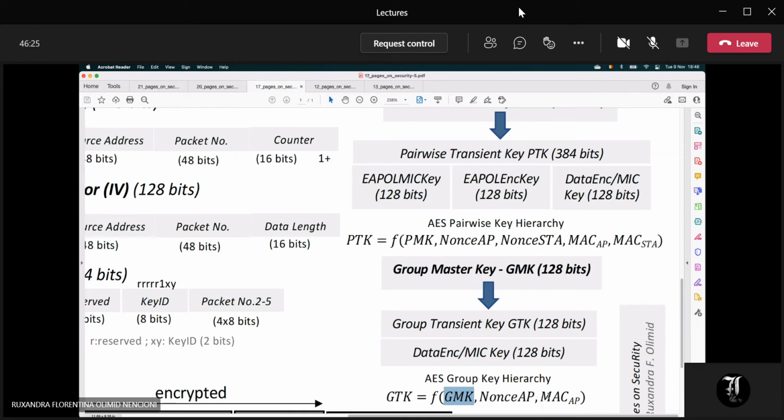In the enterprise solution we have different PMKs, but in the end we have the same GTK for all in the broadcast communication. So it cannot be derived from different keys. It's just chosen by the access point randomly. No?